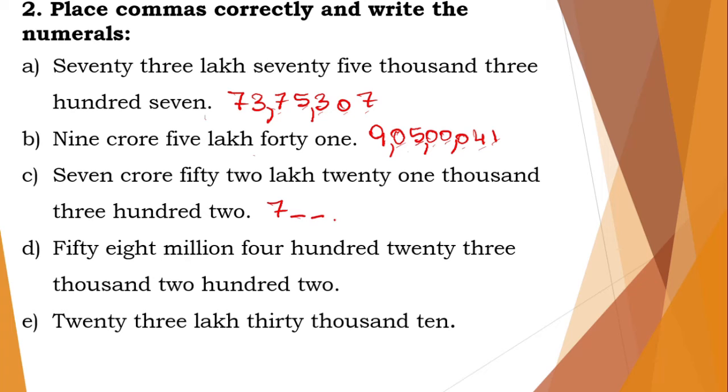So 1, 2, 3, 4, 5, 6, 7. Now we have 52 here. So 52. And lakh, we already placed the dashes, right? So no need again. Now we have 21. So 21,000. And at last we have 302. So this is the numeral.